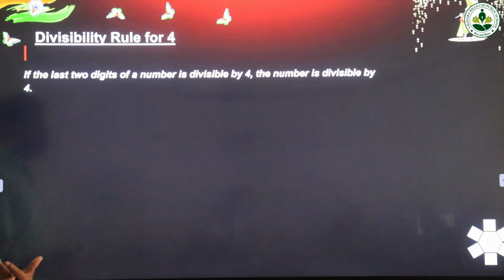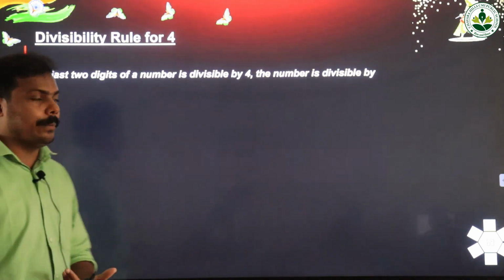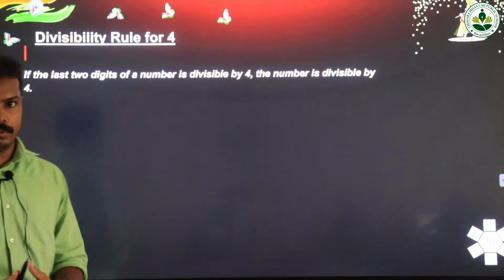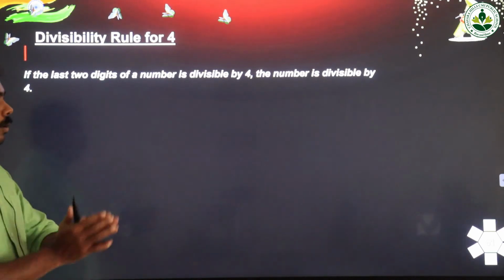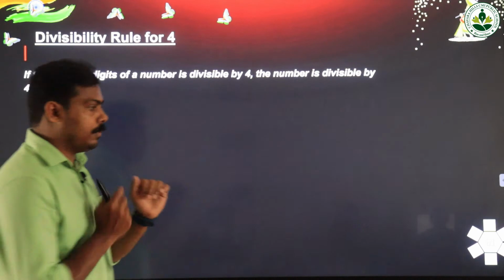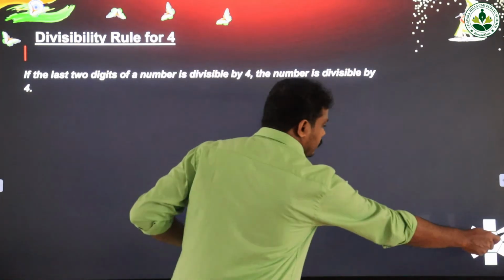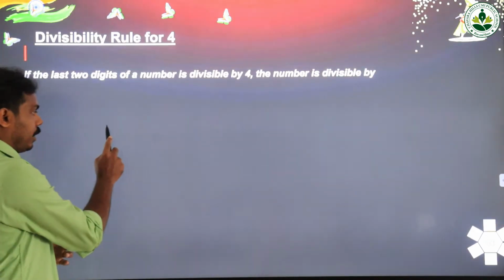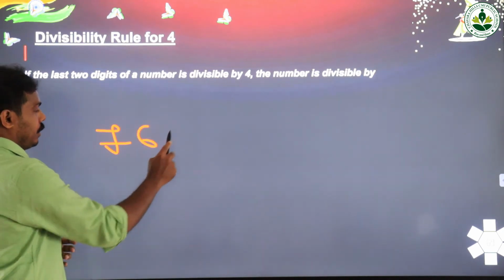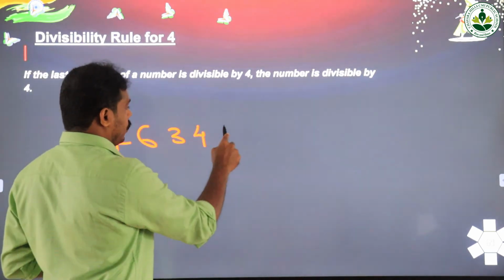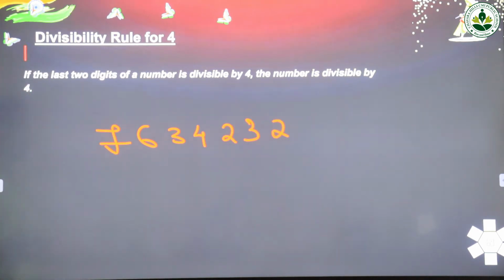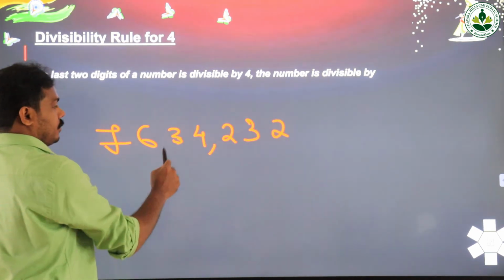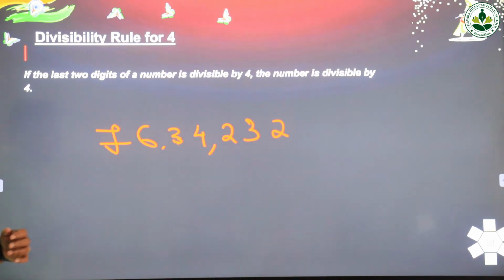If the last two digits of a number are divisible by 4, then the number is divisible by 4. You can check a bigger number, a large number, 7634232.